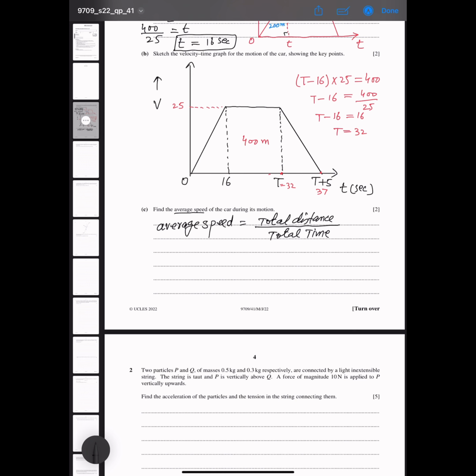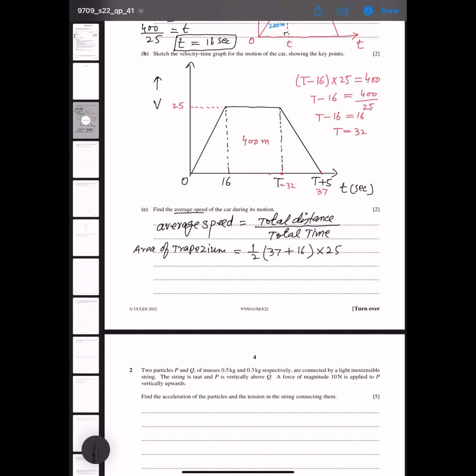तो वो हमें डिस्टेंस दे देगा, एरिया ऑफ ट्रेपीजियम 1/2 sum of parallel sides, 37 plus 32 minus 16, that is 16, into 25.